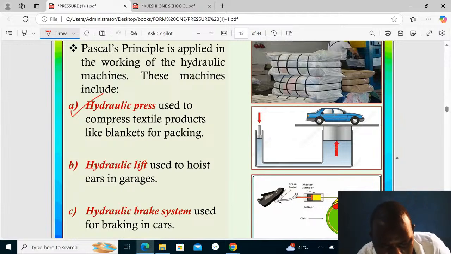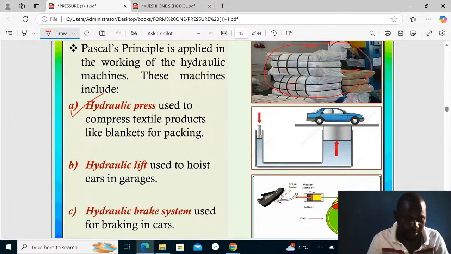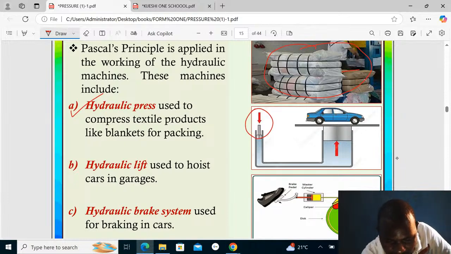You know that blankets occupy a very large space, so they are compressed using a hydraulic press. Number two is the hydraulic lift, which is used to hoist cars in a garage. You can see we have one part where some pressure is applied, and then it is going to lift a car in this manner.